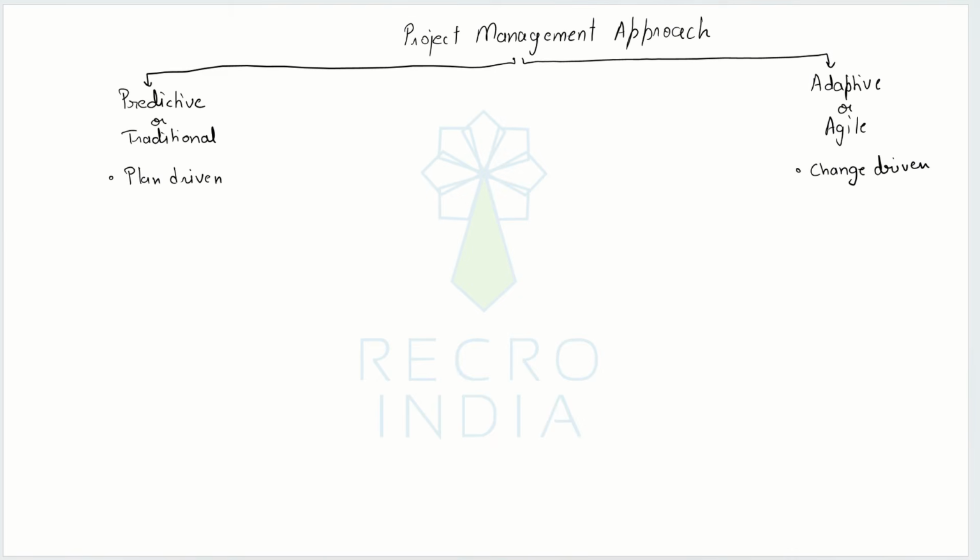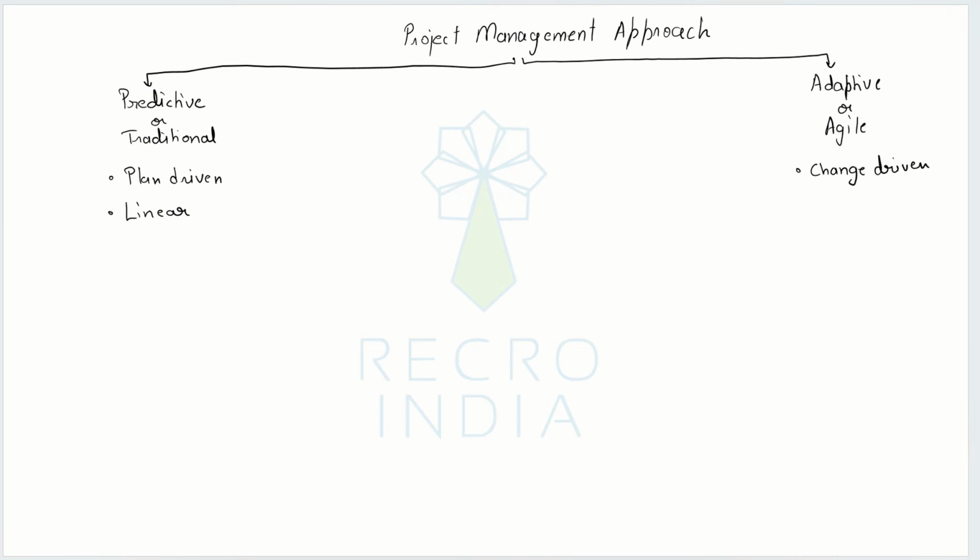Now, another difference we can highlight is usually predictive approaches are linear in their style of working, meaning they will go in a sequential manner, step by step. Like, for example, if I take an example of a construction project, it will start with maybe a feasibility study.